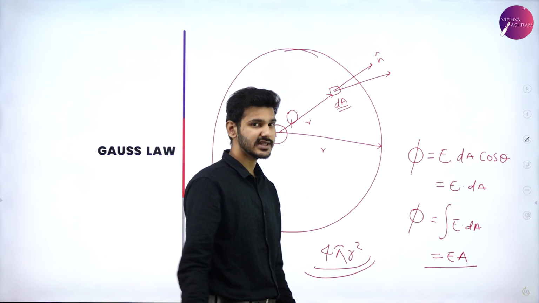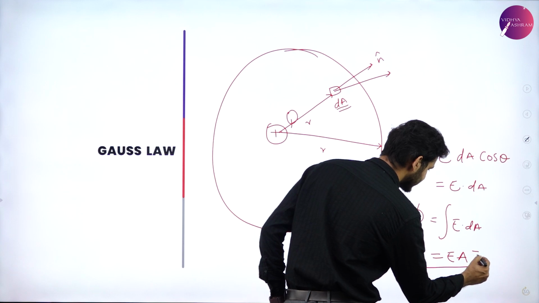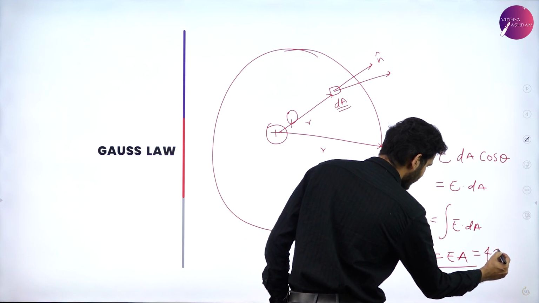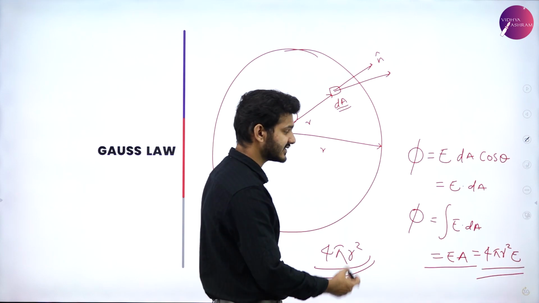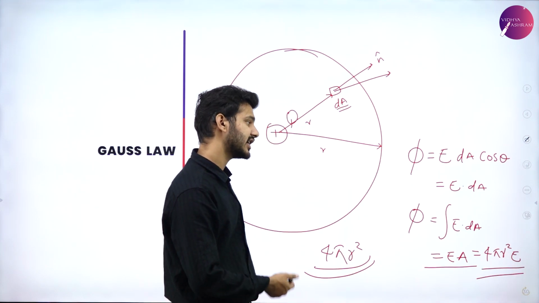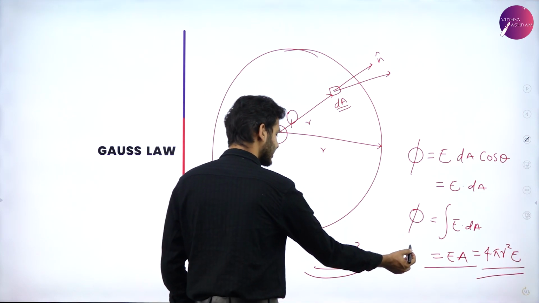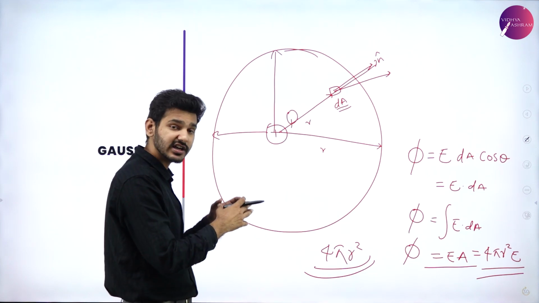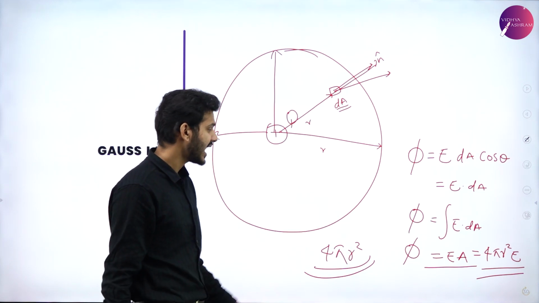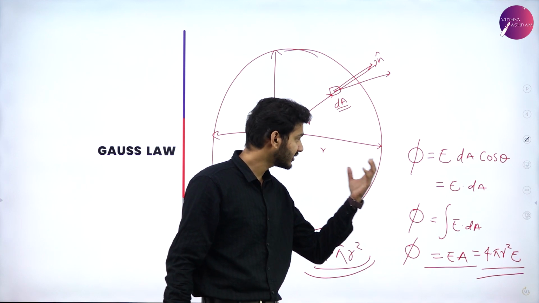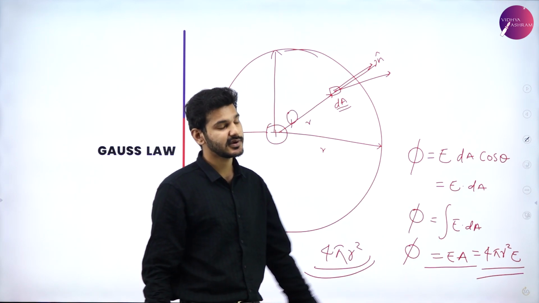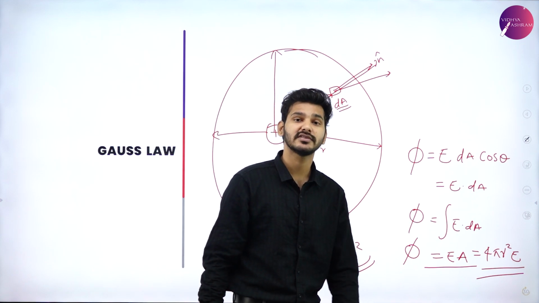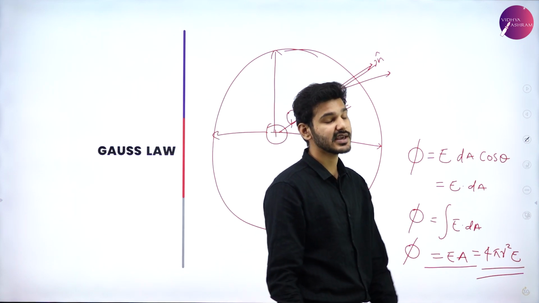For now, we only need the area, so we can write it as 4 pi r square into E. So we can say that 4 pi r square E will be the electric flux. Electric flux is radiating out of the sphere, and this flux will be equal to the area of that sphere times the magnitude of the electric field which is being experienced there.